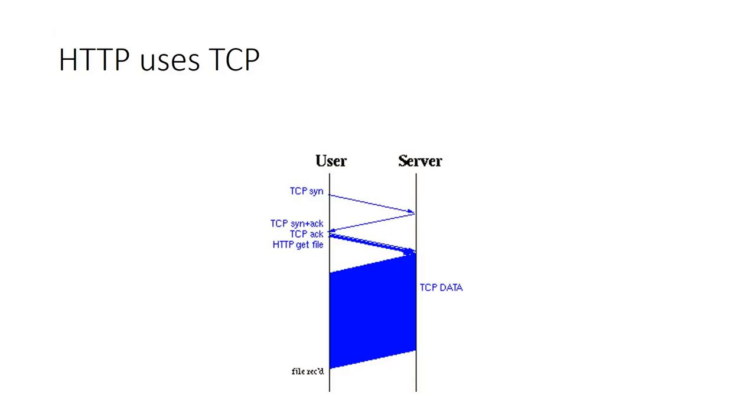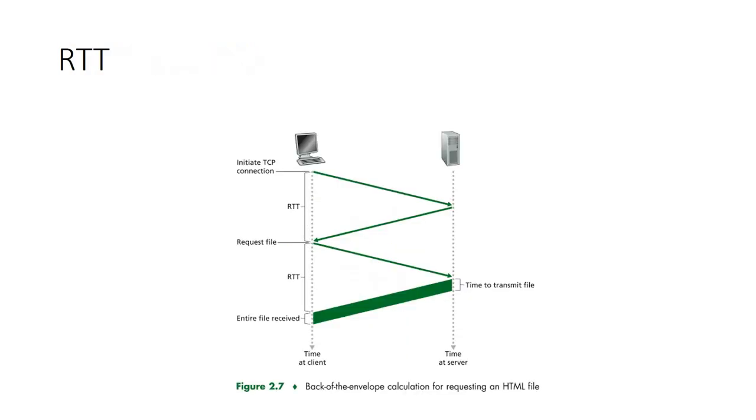Now HTTP uses TCP to have a reliable communication. When a client communicates to a server, it sends a handshake, and after that data is sent through HTTP GET. Now RTT, which we discussed in the previous video, is the round trip time, the time taken for one end to transmit and to come back.